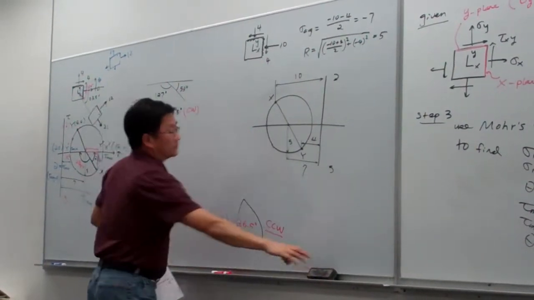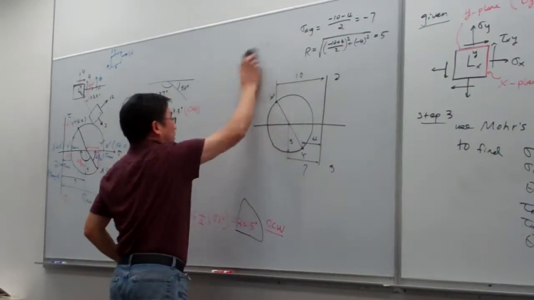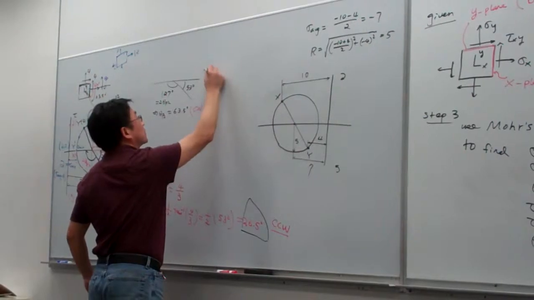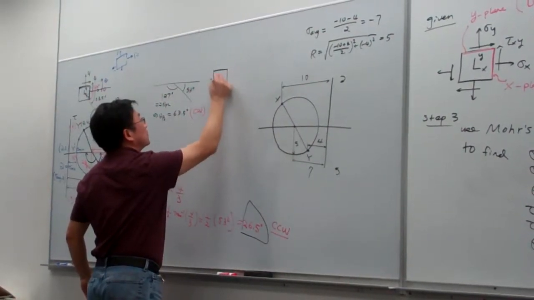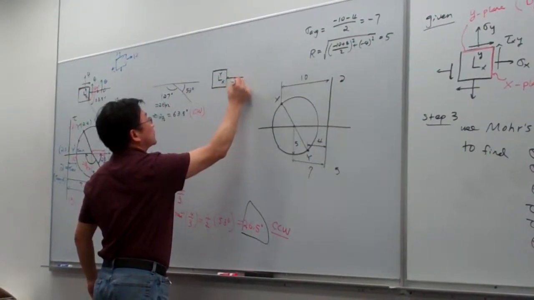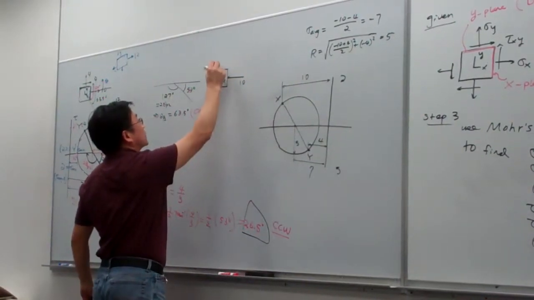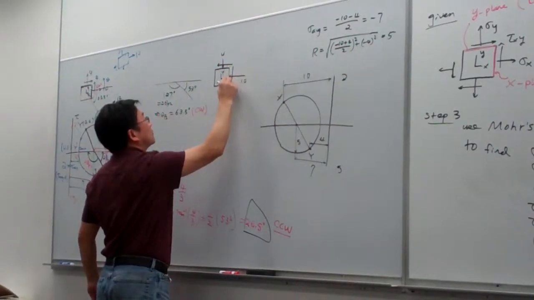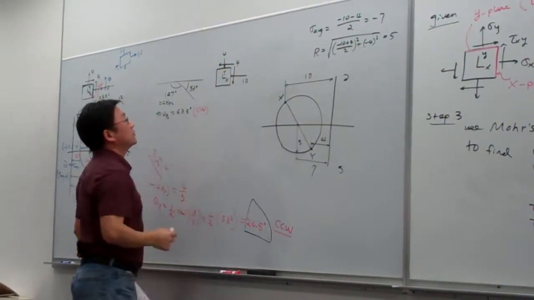So here, let me put it into here. So that is the case, x and y. If you like, you can redraw just like I'm doing here. So that is 4. Okay.